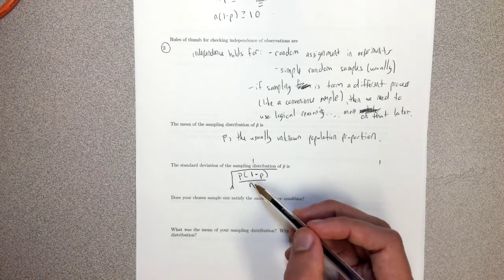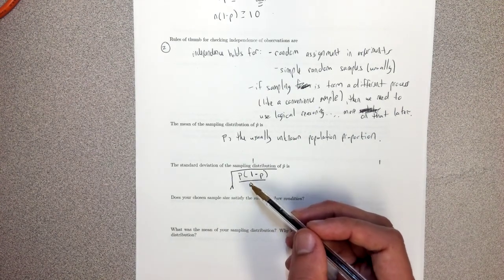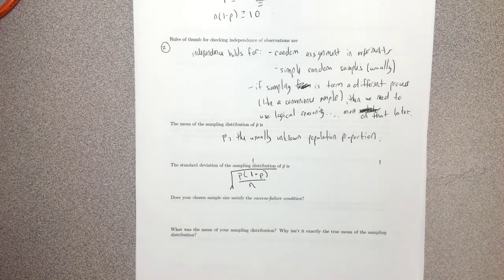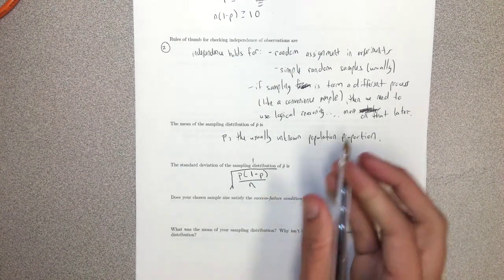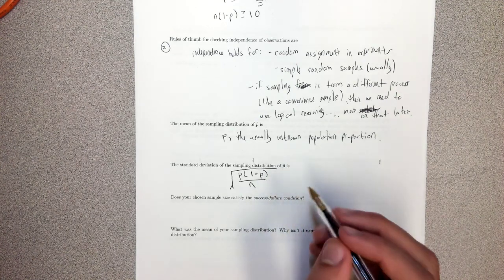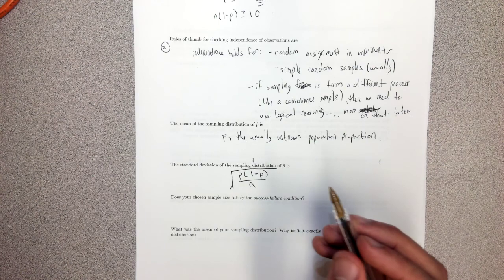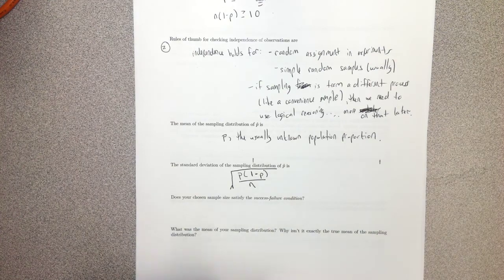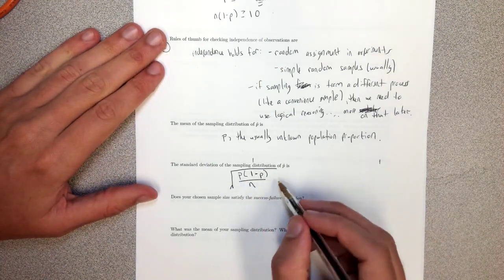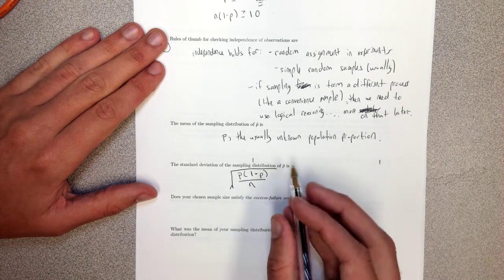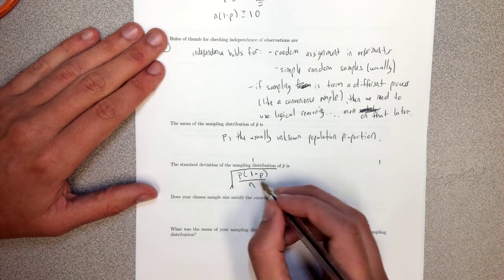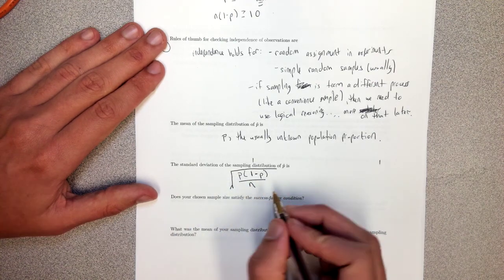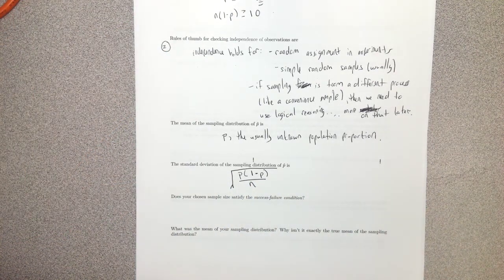We won't derive this because this is applied stats, not theoretical stats, but we will reason through it. When we upped the sample size, the standard deviation of our sampling distribution got smaller. When we changed from 11 to 32, it decreased from about 0.14 to about 0.08. We could see that from this formula. Since we're dividing by the sample size, a sampling distribution for a larger sample size is going to have a smaller standard deviation.